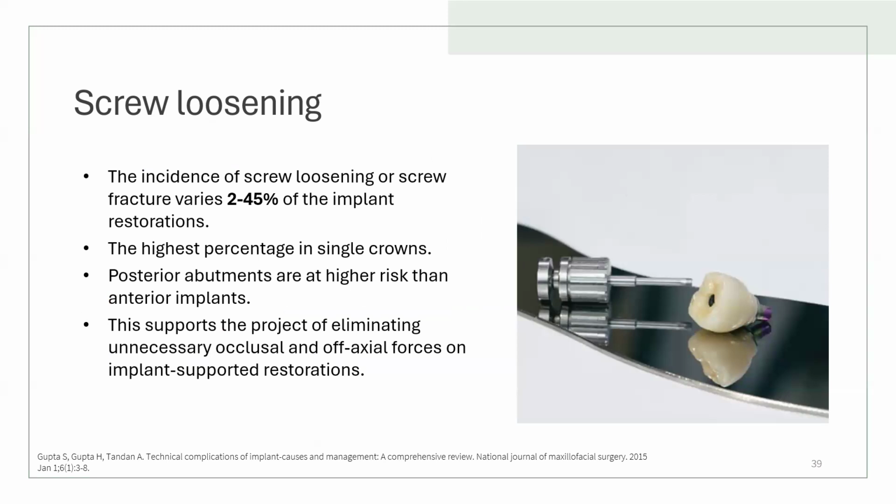The posterior teeth are at higher risk than anterior implants, because they are subjected to more occlusal loads, and this supports the claim that eliminating unnecessary occlusal loads can reduce the risk of screw loosening.